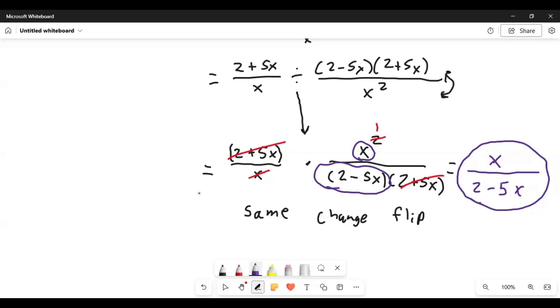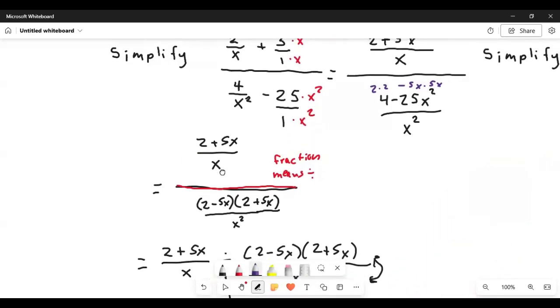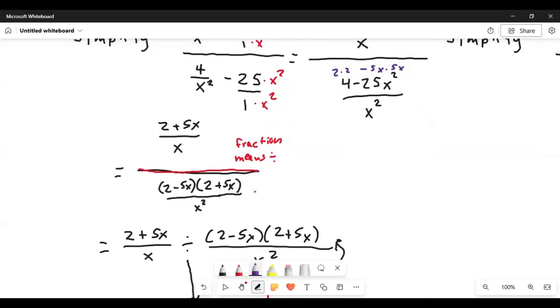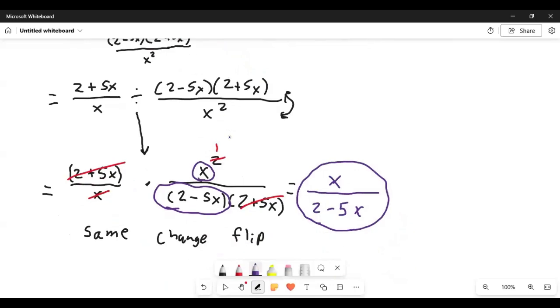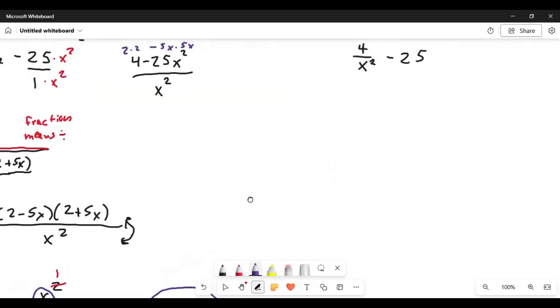So we simplified this complex fraction using the first method. The first method required that you knew how to add fractions, you knew how to factor, you knew how to divide fractions, same, change, flip. Kind of a lot of work, but it really isn't anything new.